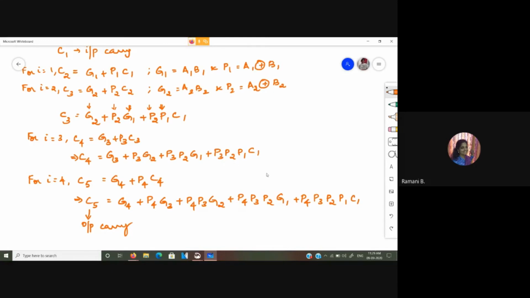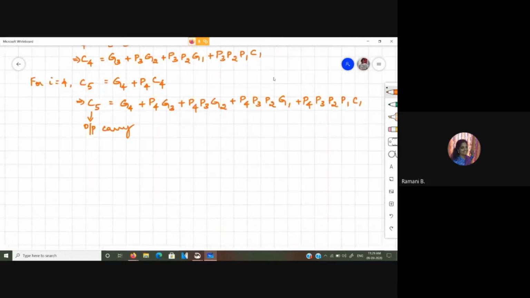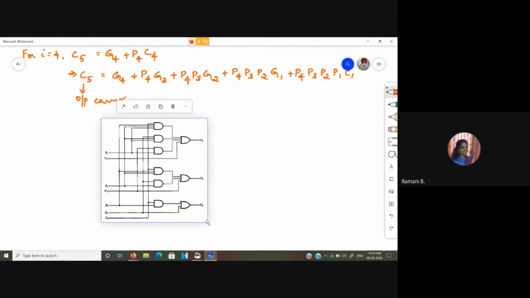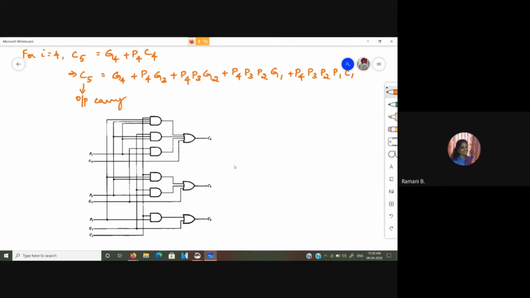Now if we are going to implement this in the logic diagram, this will be our logic diagram. C1 is the input carry. These Pi's and Gi's are a one gate level operation, because you have Ai, Bi available.